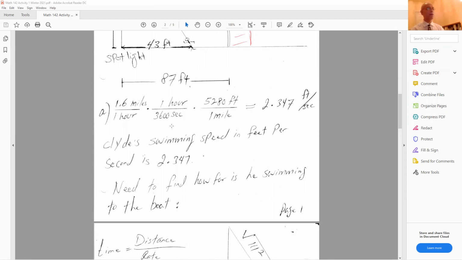We know in 1 hour there's 3,600 seconds and 5,280 feet in 1 mile. Converting to feet per second, I got 2.347, rounding to three decimals. So that's Clyde's swimming speed, 2.347 feet per second.